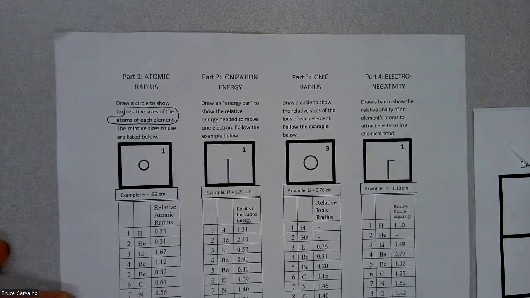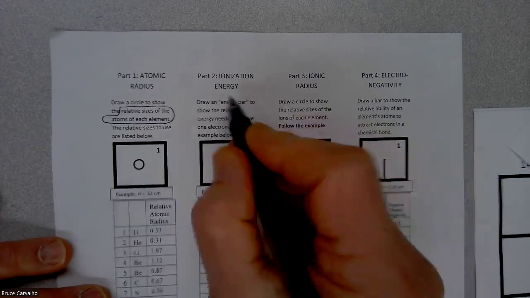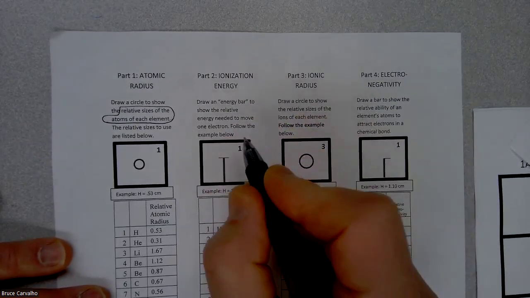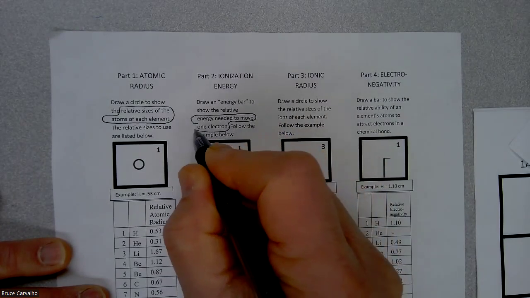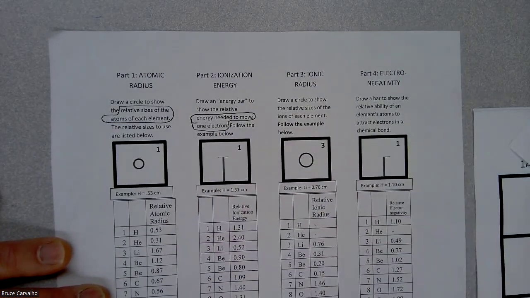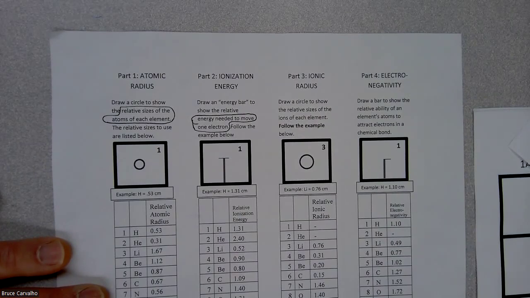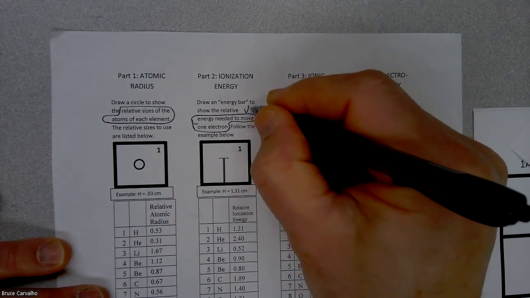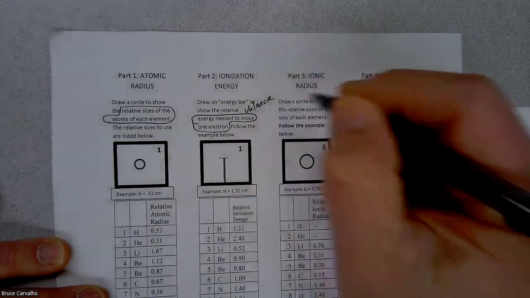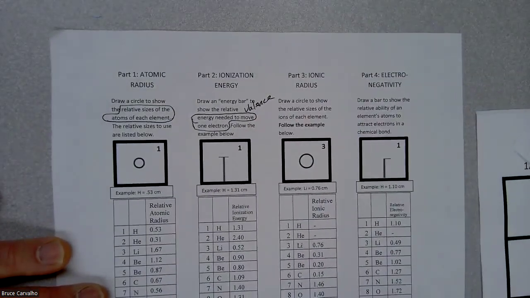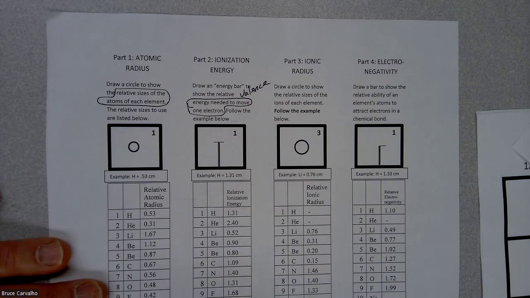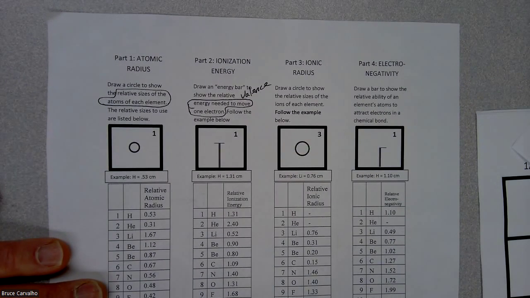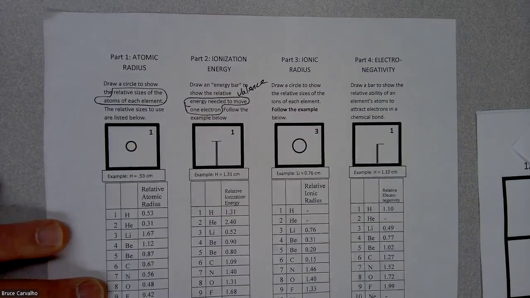When we talk about ionization energy, we're talking about energy needed to remove or gain an electron. Really, it's about moving the electron, those valence electrons. Other ones get involved, but for the most part, we're talking about valence electrons that jump from one atom to another. You'll see more of this in the next video.